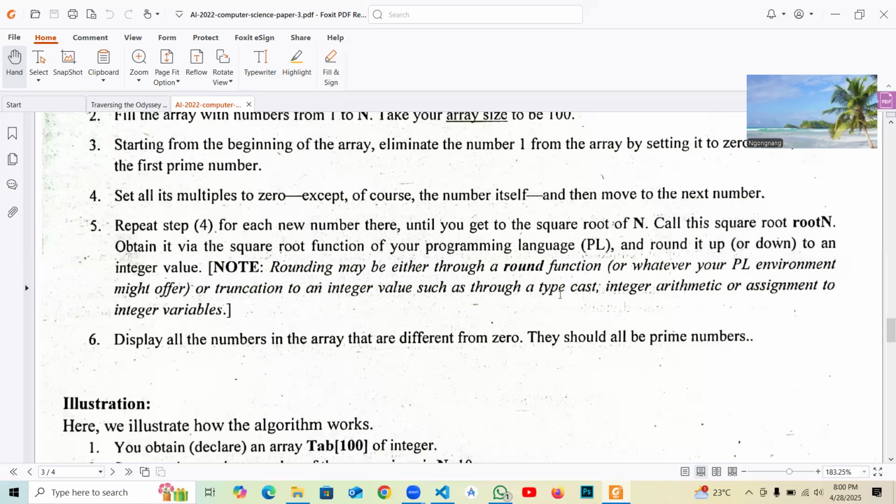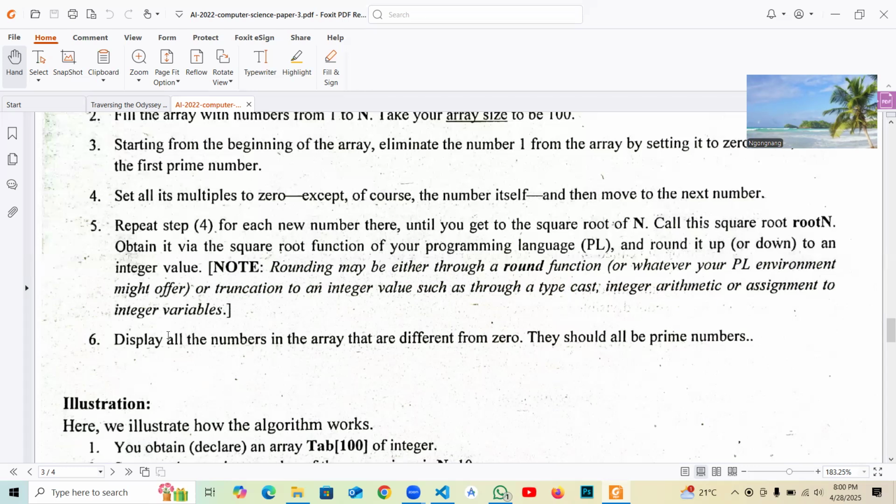So they are still explaining how to get the integer part of the square root of a number. When that is done, we display all the numbers in the array that are different from 0, and they should all be prime numbers. So number 6, we are now going to display the final result after setting the known prime numbers in a range given to 0.